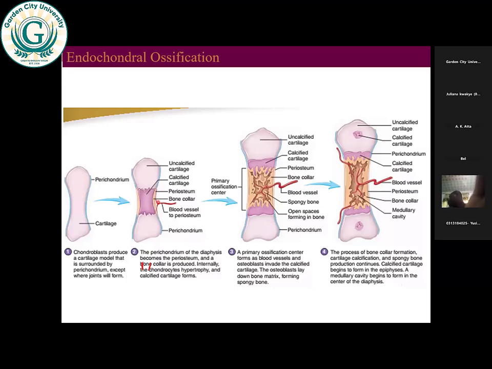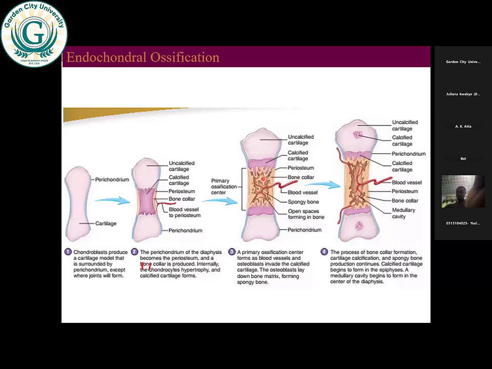All the materials inside. Remember, there's a periosteum. So periosteum contains what? The stem cells of what? The bones. So they'll be moving. While the cartilage is being broken down, the osteoblasts will be secreting what?